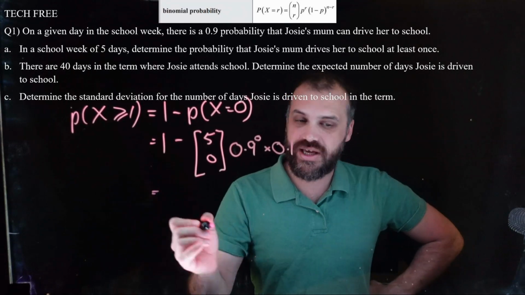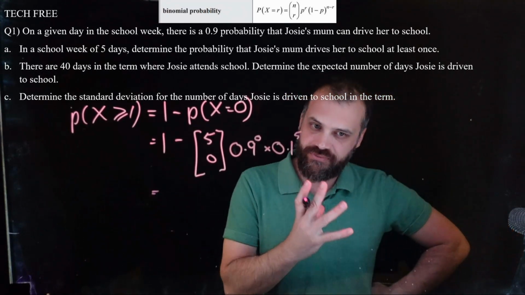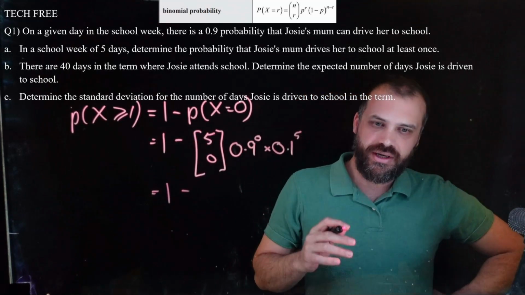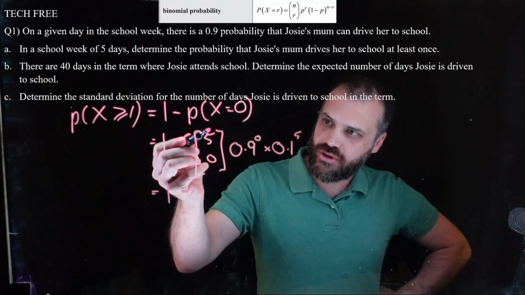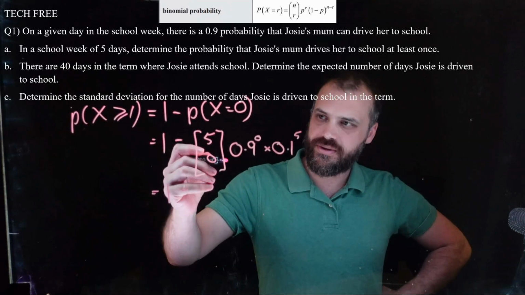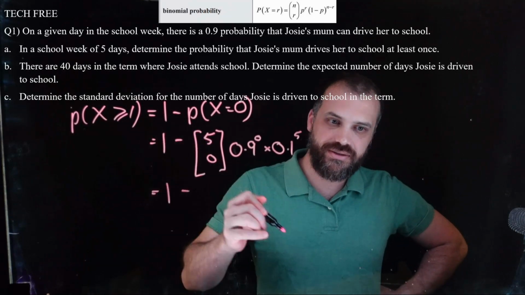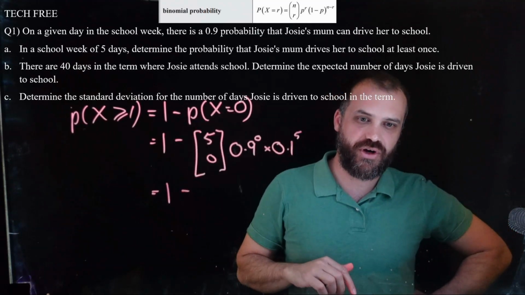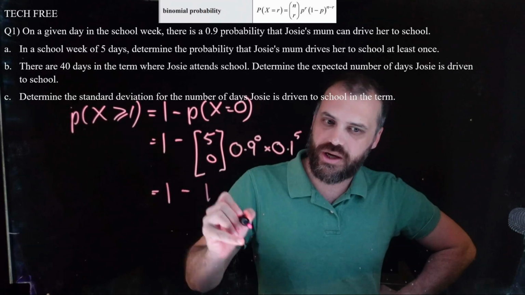All right, now tech-free, these questions can feel tricky. 1 minus 5 choose 0. Now, anytime you've got a combinations thing here, and you've got a 0 here, there's only one way to have 0 successes from 5 trials. So that's a 1.